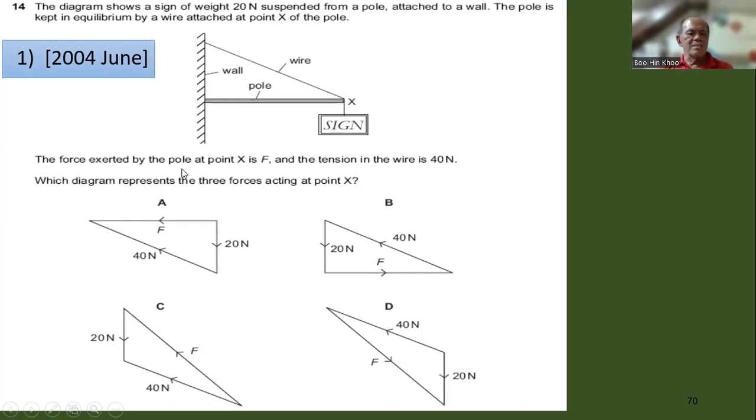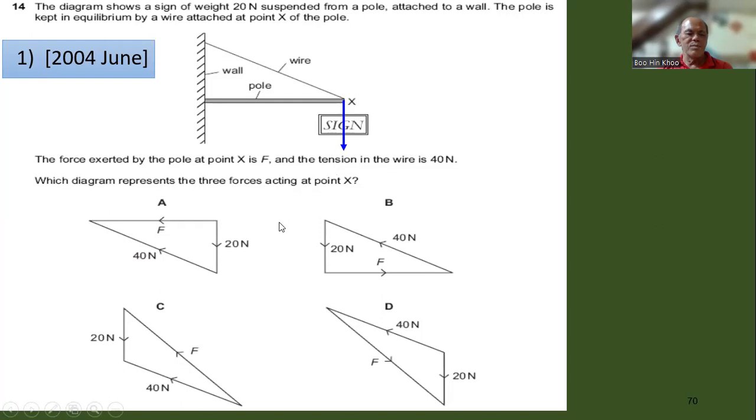The force exerted by the pole at X is F. Right? The force exerted by the pole at point X is F, and the tension in the wire is 40 Newton.